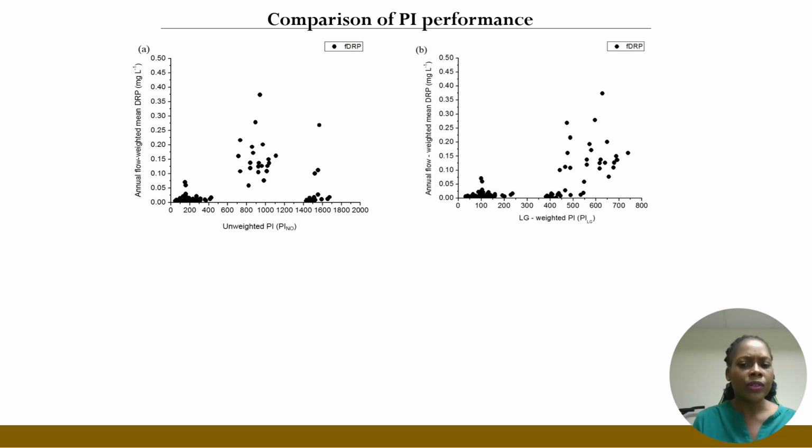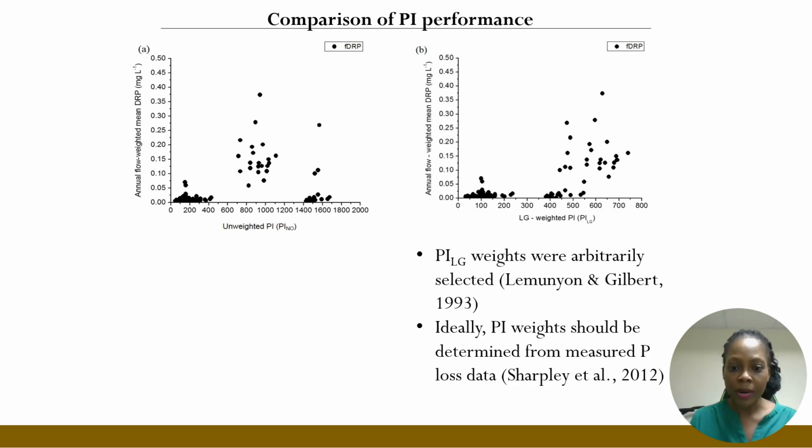Again, there was not a significant exponential relationship between index values and measured phosphorus loss. This was also not a surprise because ideally, PI weights should be determined using measured phosphorus loss data.